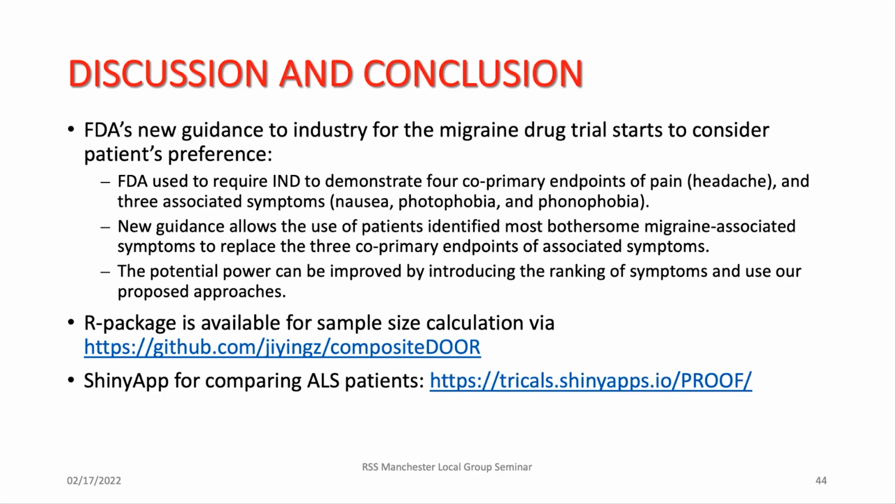I want to show that the FDA in the US is starting to open up to using patient-reported outcomes. Recently, when the FDA approved migraine drugs, they asked for co-primary endpoints of pain, and also a reduction in the three associated symptoms: nausea, photophobia, and phonophobia.